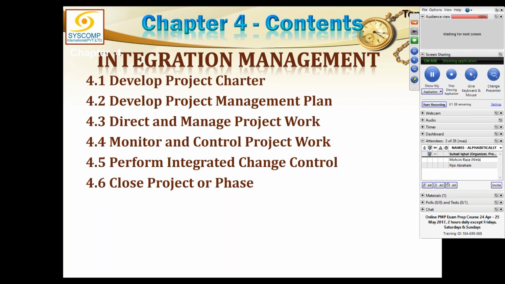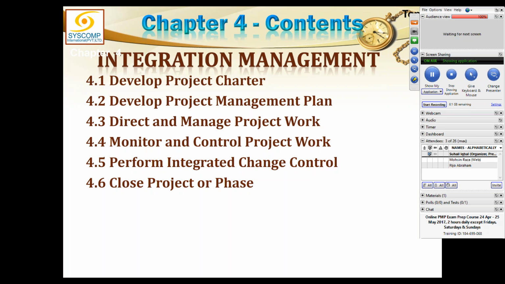Here, for execution, we have the project management plan to follow. Direct and manage project work has no authority to change anything. Yes, direct and manage project work can suggest changes. It can request changes, and all the changes are processed in monitoring and control process group.